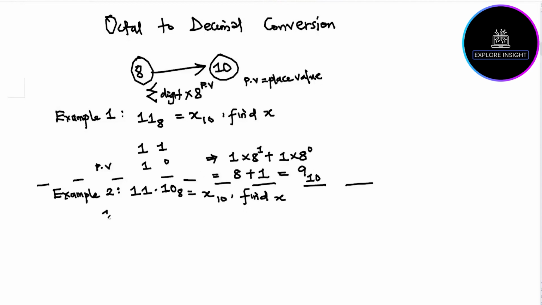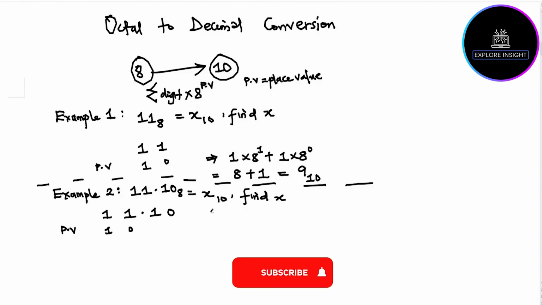Just like we have the value of 11 in base 8 to be 9, but let's first of all get the place value. The place value in this scenario, considering the dot, towards this part has 0, 1, whereas this other part will have -1, -2.